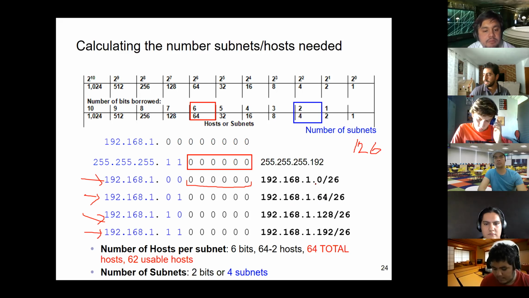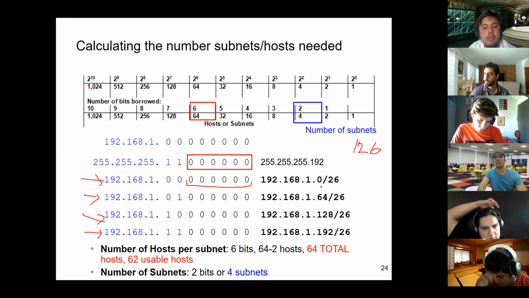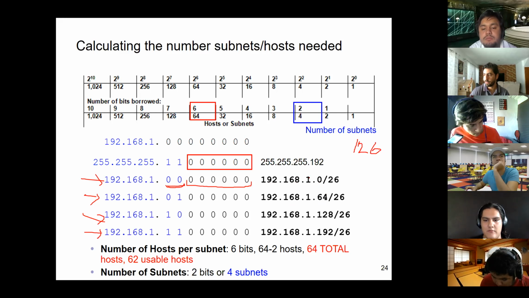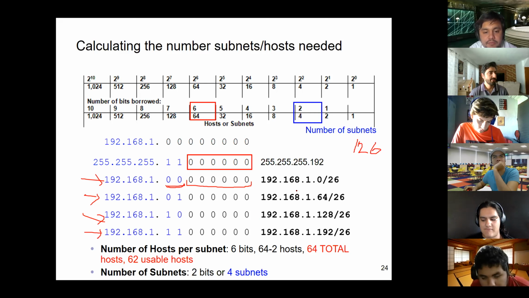This is the IP address you're going to start with. Because this part is 0, your IP address will start from 192.168.1.0. This one is not your choice. These first 3 parts are what you have. All you had was this last 8 bits to play around with and divide however you want.